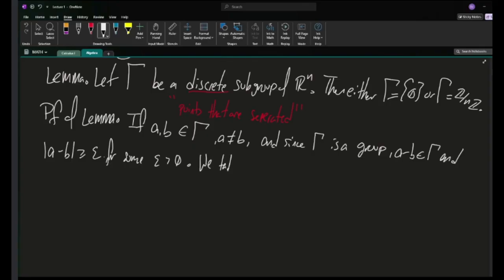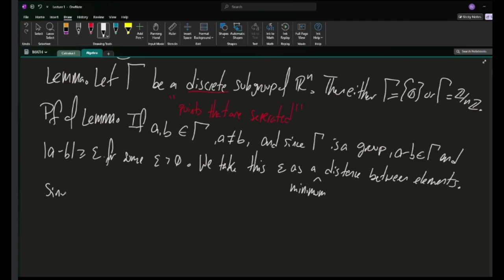We take this epsilon as a distance metric, kind of, a minimum distance between elements. This does explain what discrete is, just saying that they're all sort of separated, like what Stuckey said.